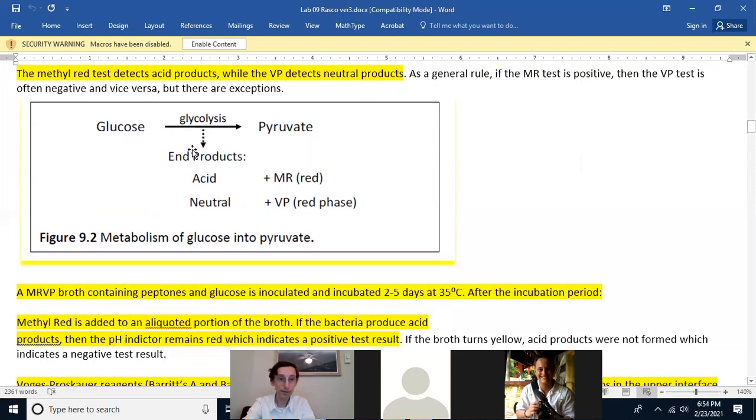So glucose is converted by glycolysis into pyruvate, but some of the end products can be acid products, and that is what the methyl red is looking for, the production of acid. The VP test is looking at the same, but instead of glycolysis making acid products, it's making neutral products, and the VP test is testing for that. And so both of them are looking at the metabolism of glucose.